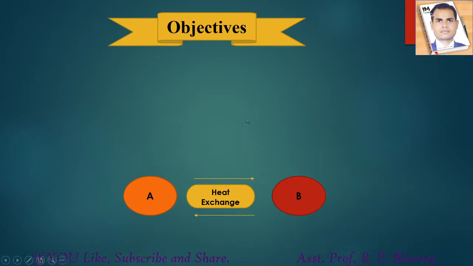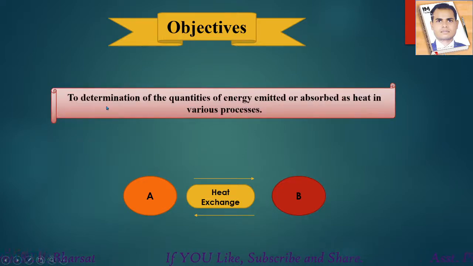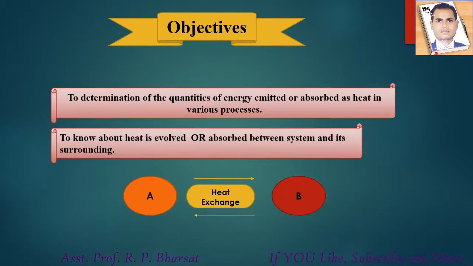That means in this case both bodies are absorbing or emitting heat energy. And that's why the objectives of thermochemistry are the determination of the quantities of energy emitted or absorbed as heat in various processes, and to know about heat evolved or absorbed between a system and its surroundings.